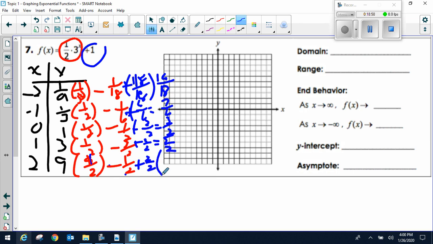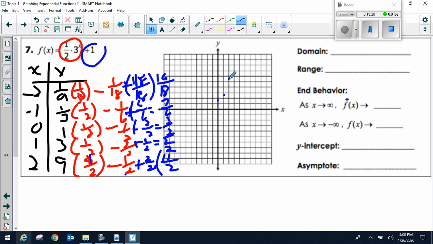And I know it's hard to read my writing in this. That would be 11 over 2. So 1.5 is going to be your new asymptote. As you go this way, you're at 5 over 2, 2.5, and 11 over 2, which would be 5.5.